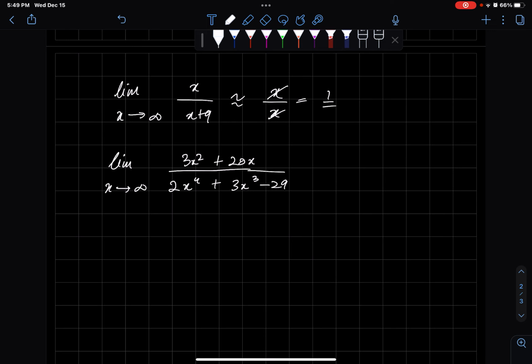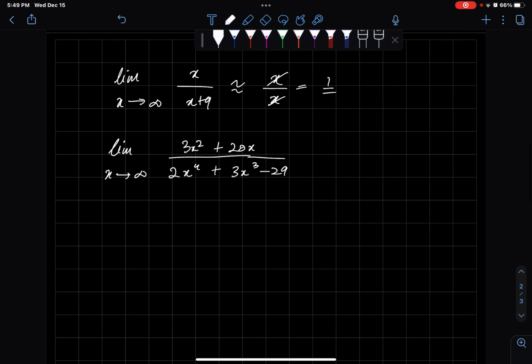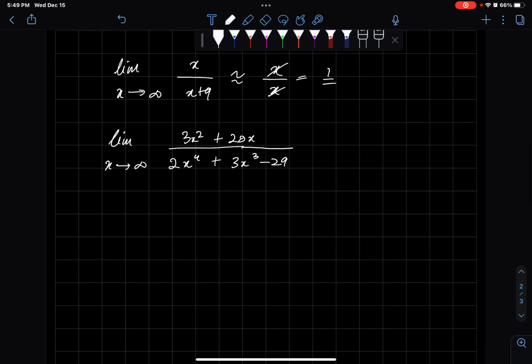Again, we can just look at the highest power of these two expressions and see how it behaves, because as x gets really, really large, the x squared term is going to dominate the x term, and similarly x to the 4 is going to dominate the x to the 3 and this 29.